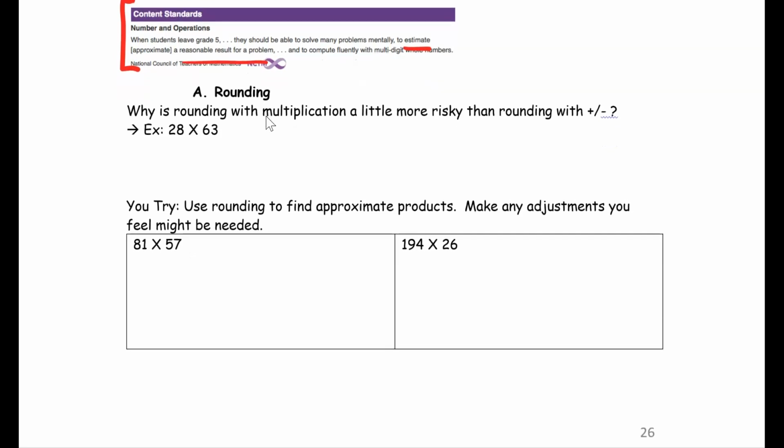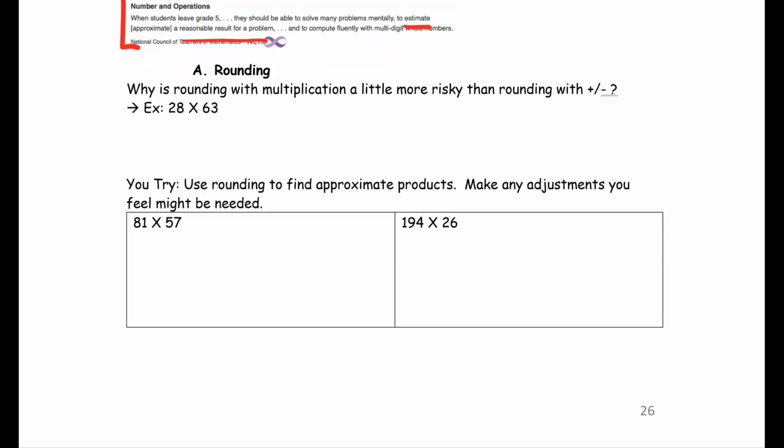Okay, so let's first start talking about just in general how we could round with multiplication. Let's look at the example 28 times 63. If you were to round this, and I just said round it any way you want to, how would you round it? If I were to round it, I would probably just do 30 times 60.